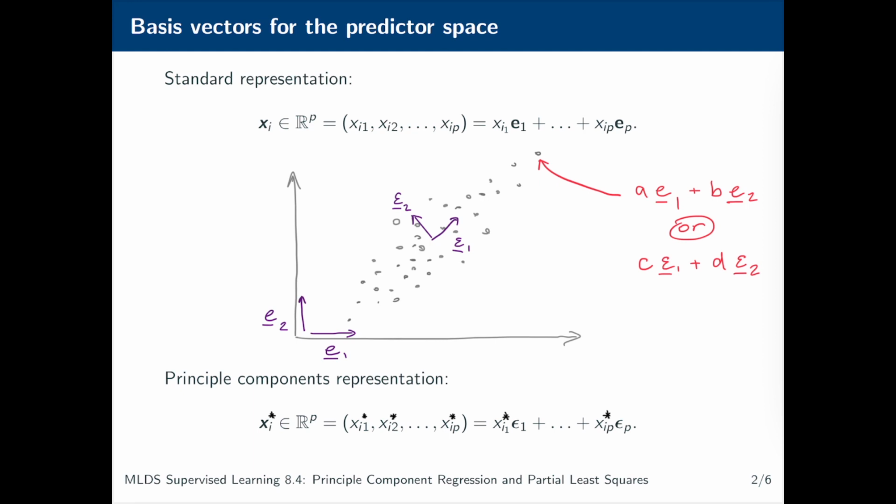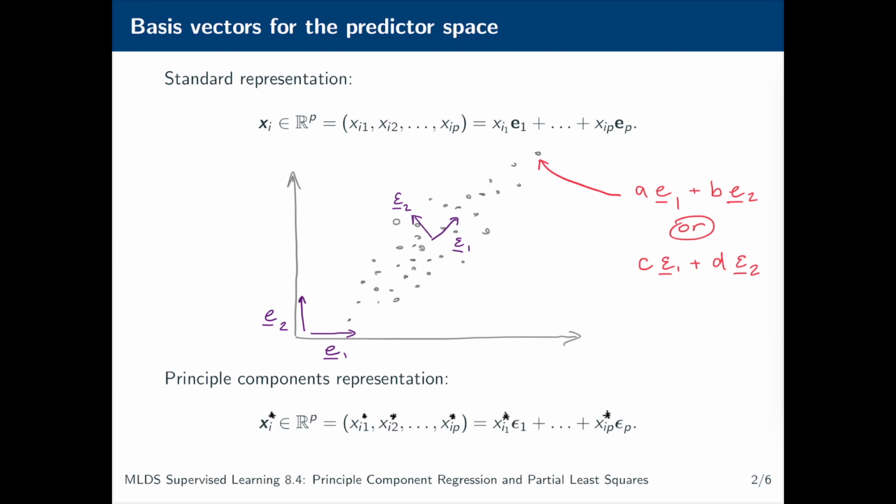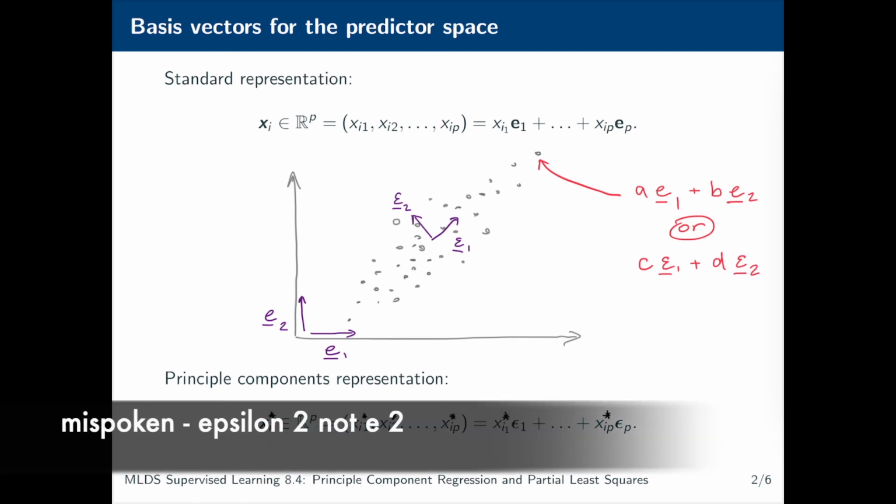So here in our first example, we can see that we can represent a particular data point as a times the unit vector e1 in the direction of the x-axis, and b times the unit vector e2 in the direction of the y-axis. Our data here has two principal components, epsilon1, which points in the direction in which our data is most variable, and epsilon2, which points perpendicular to this original vector.